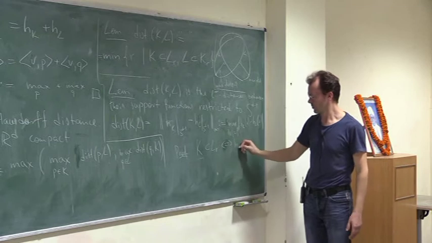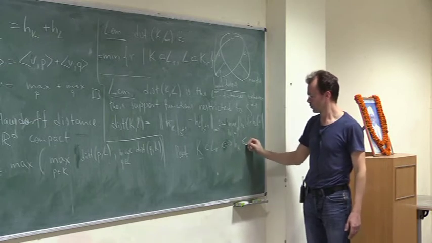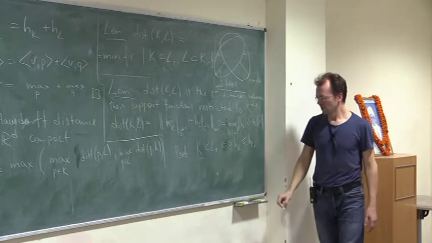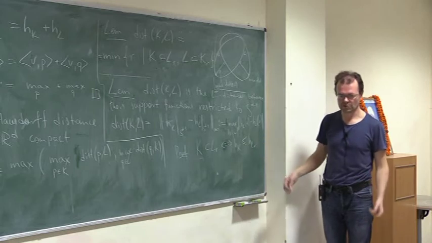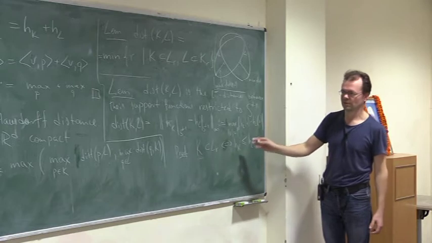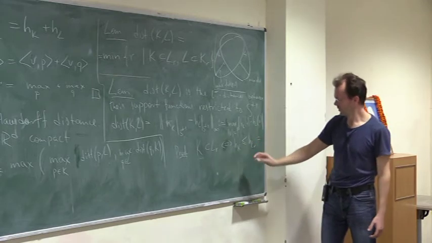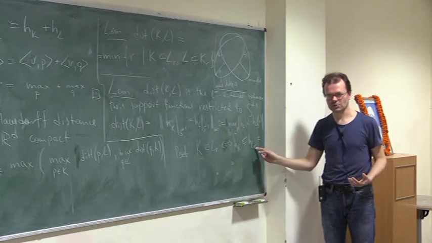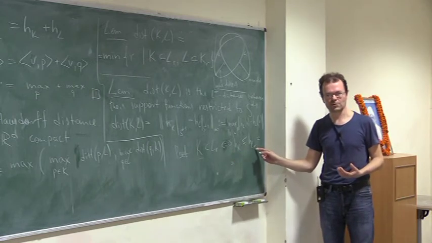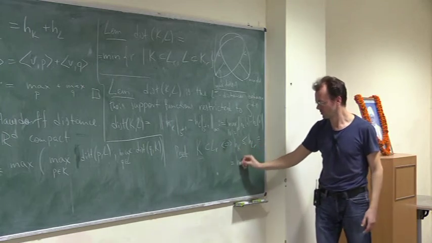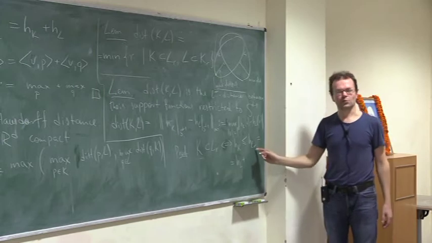So this holds if and only if h_K is smaller or equal to h_{L_R} for all points v. But h_{L_R} is equal to, sorry, I want to finish here. h_{L_R} is equal to what? L_R is the Minkowski sum of L with a ball of radius R, and the support function of the sum is the sum of support functions. So what I have here is h_L plus the support function of a ball.